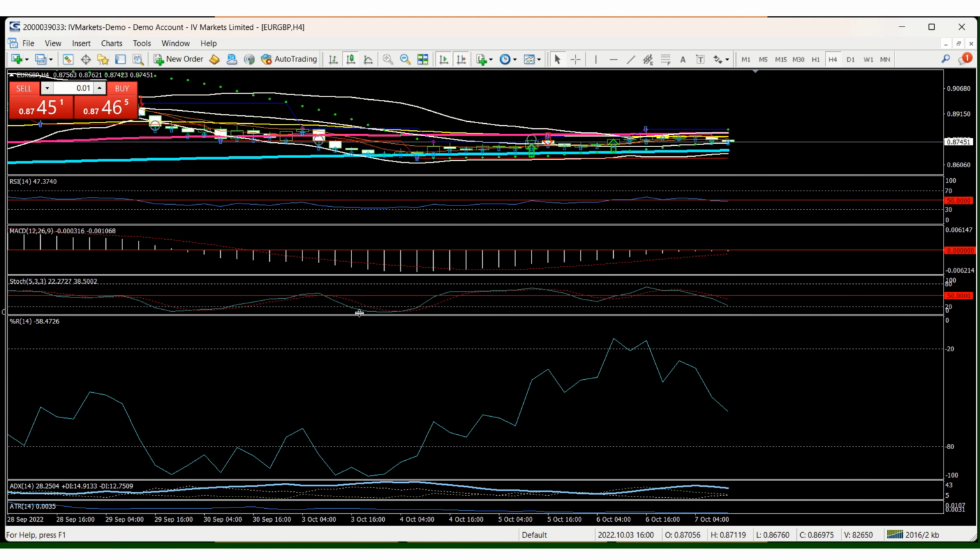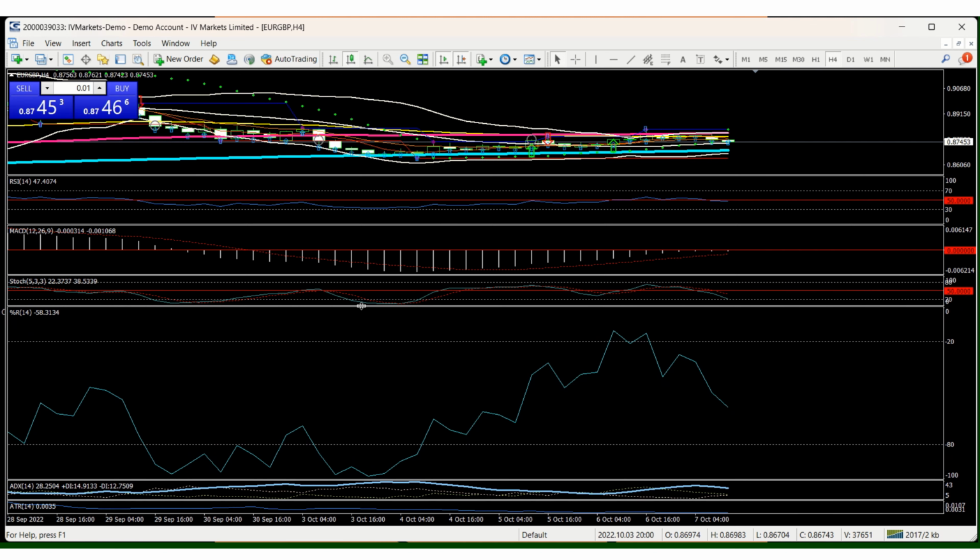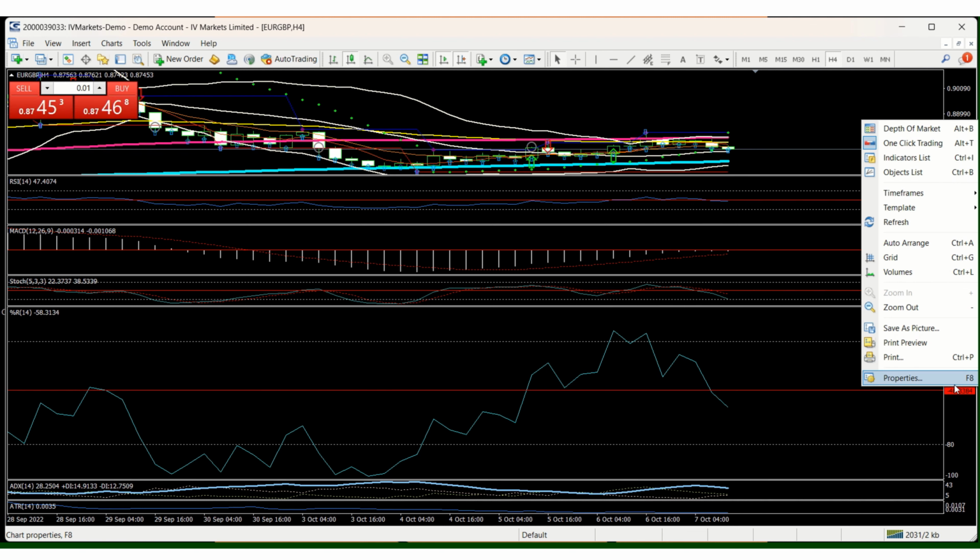And Williams percentage R is saying it does not have the minus 50 line anywhere, so I'll just draw the minus 50 line here.